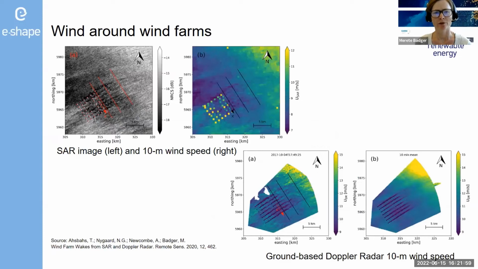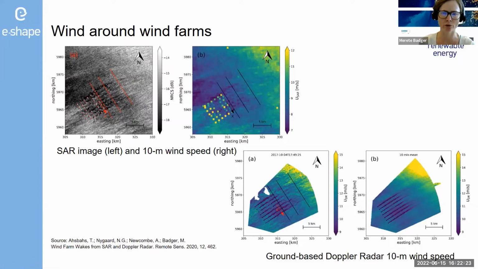Just a few examples of what we can do with the wind speeds we retrieve from the images. Here in the upper left corner, you see a SAR backscatter image over a wind farm in the UK. The wind is coming from the southwest, and you can probably see that there's a dark area downstream of the turbines.